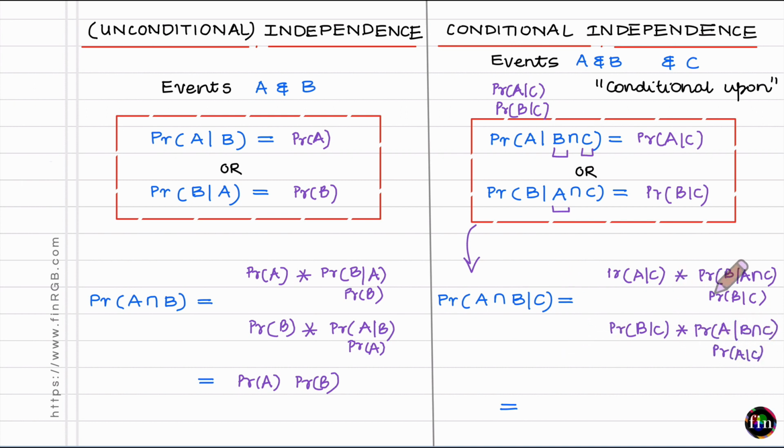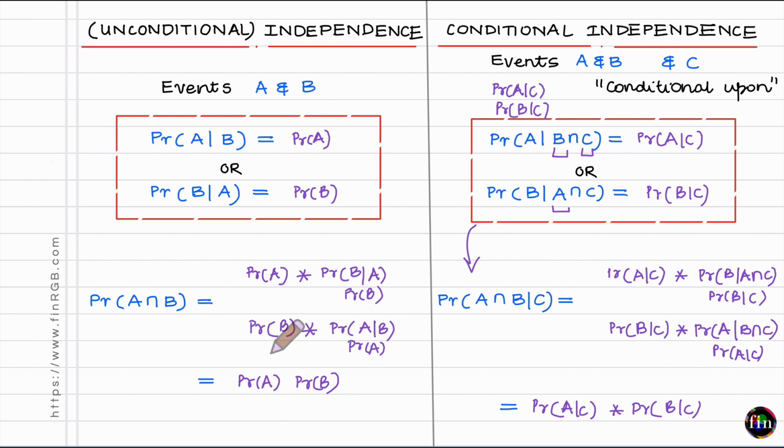So what is it telling me? Both of these are telling me that the joint probability of A and B given C has happened, if A and B are independent, can be written as the product of two conditional probabilities this time: the probability of A given C and the probability of B given C. See, you can very easily draw parallels between the equations that we've written in the box and what these equations imply in terms of joint probability.